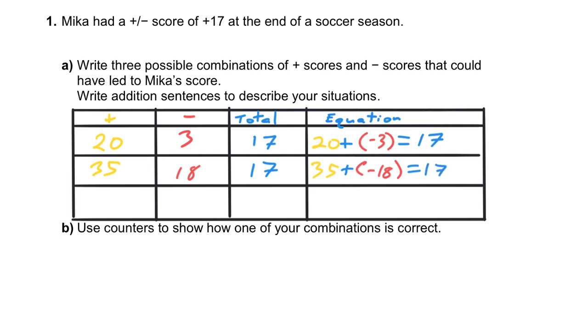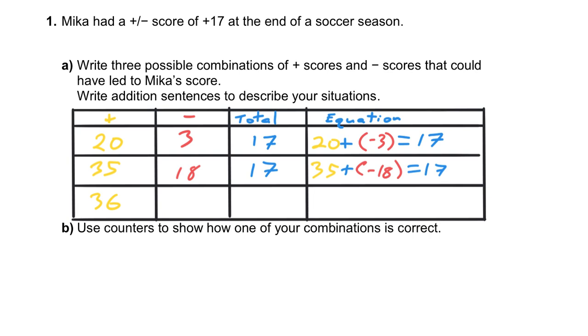For our last possibility, we know that we can't be less than 17, right? Because if we had, let's say, 15 points, and then we added 0 negative points to it, the total would be 15. So let's just take that out right away. We're not going to use that. What we could use is we could just say, well, 36.